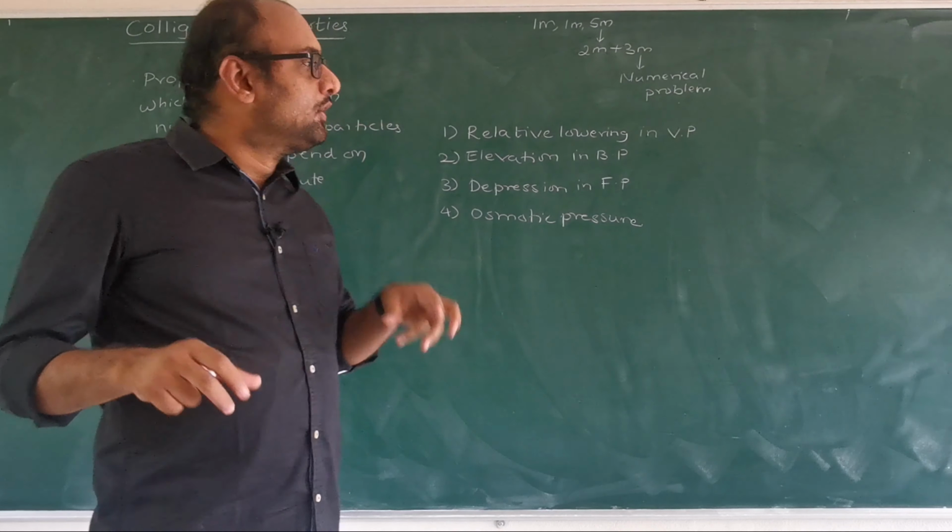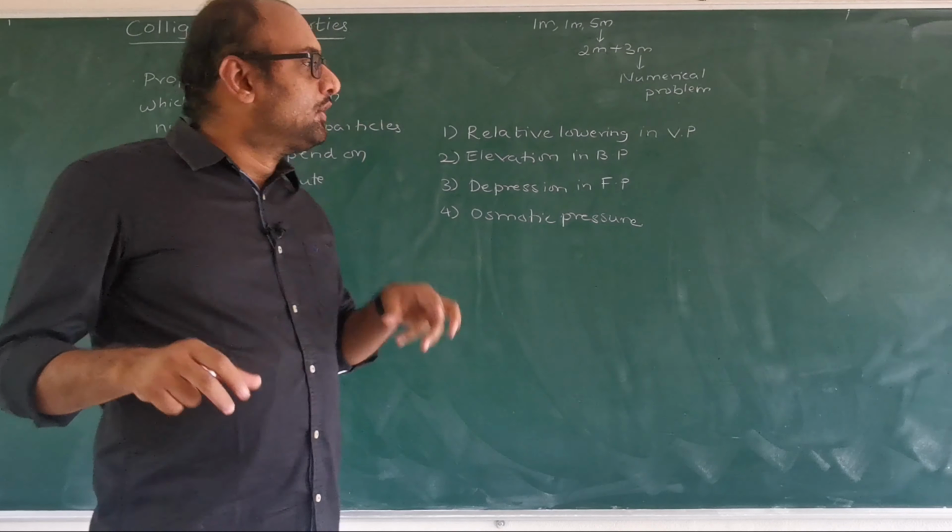So MB is equal to WB into MA, divided by WA into P naught A minus PA divided by P naught A. So this is the formula for the calculation of molar mass of the solute.